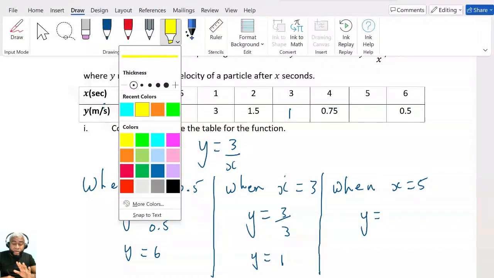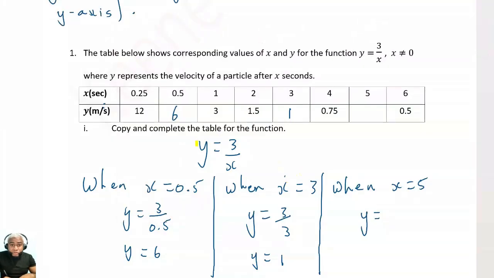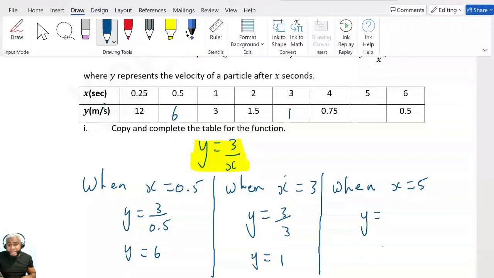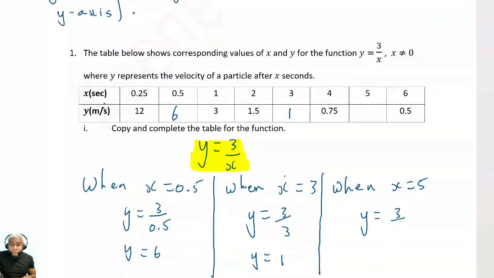Even if you don't understand it, still tell me and I'll explain it, right? So you see what I'm highlighting here, y is equal to 3 divided by x. This is what I am using for every single column to work out the value of y, right? So I'm going for the last column. Y will be equal to 3 divided by what, guys? 5. 0.6. Everybody good here?